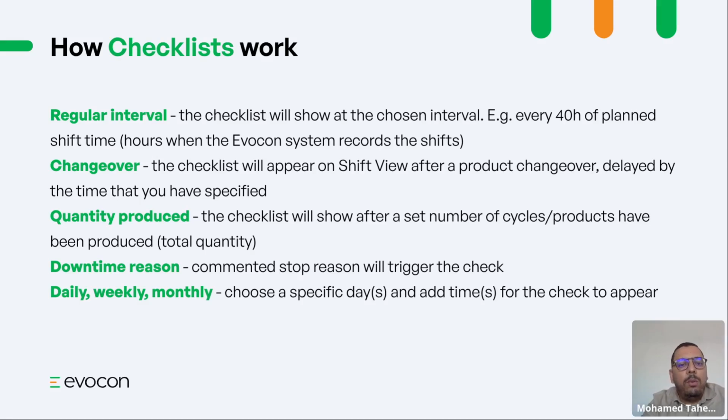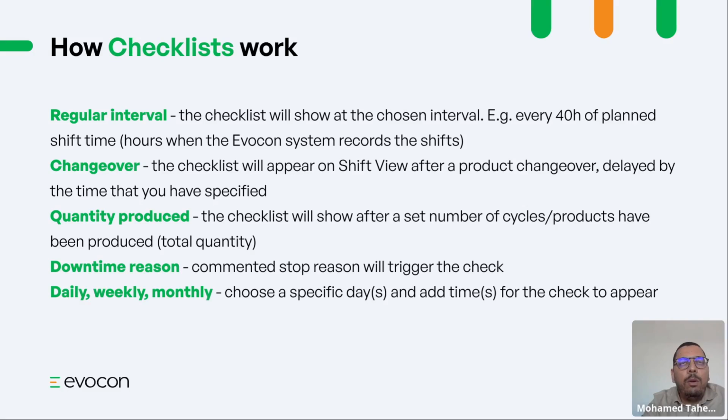The third one is quantity produced, which I used with different customers, especially for maintenance. We had a case study with a customer where we reduced the quantity of filters that we change per year by 30% using this feature. The supplier of the machine asks you to change the filter after 1,000 hours of work, meaning that you are really working 1,000 hours.